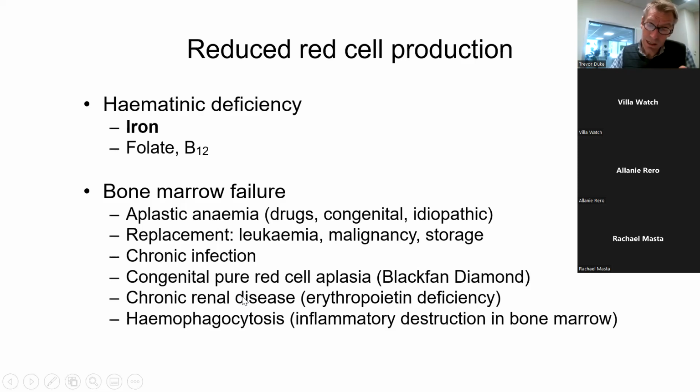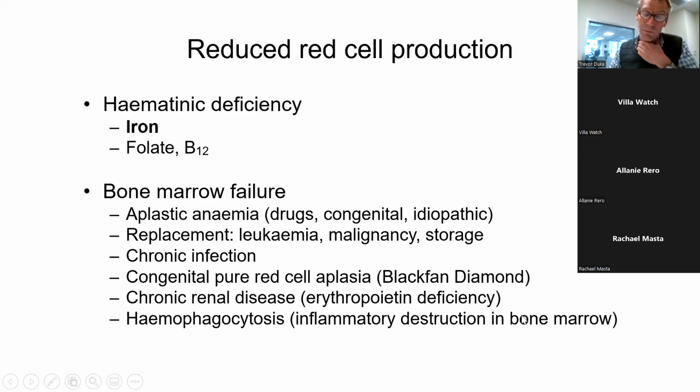And then there's lastly, if you like, a group of conditions where there's increased destruction of red cells within the bone marrow. So it's not hemolysis, but it's what we call hemophagocytosis. Don't worry too much about it, but it's actually quite common in children who've got very severe infections, where there can be an inflammatory destruction within the bone marrow, just the same as there's inflammation in many organs.